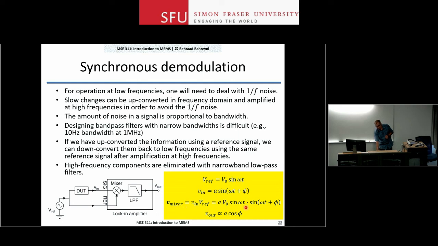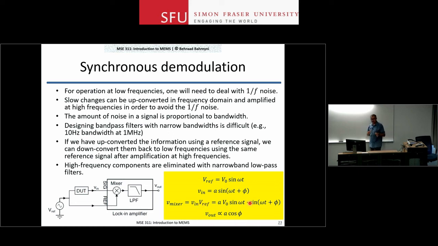The mixer signal is going to be the product of the two. You have two sine waves of the same frequency multiplied by each other. What happens is that you can basically divide it into two components, a DC component plus a component at 2 omega t. The low-pass filter here will go and keep the DC component, which is this number here.